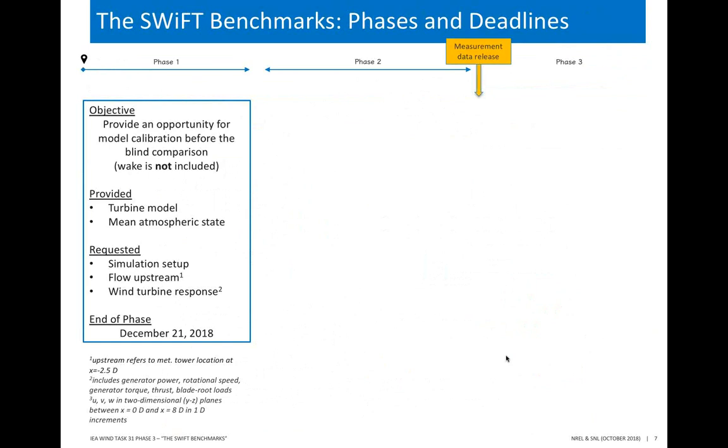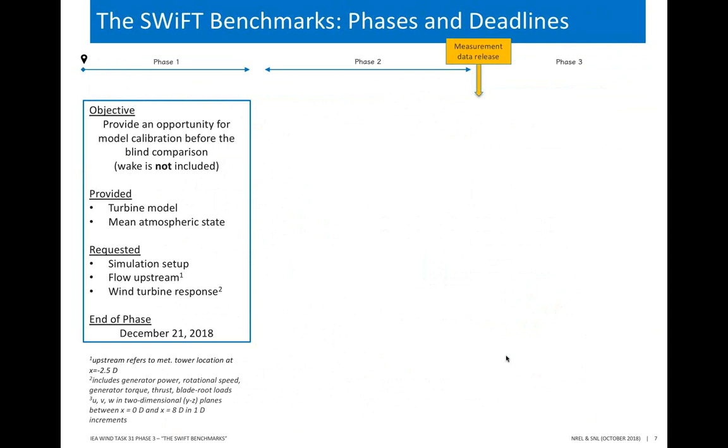We are starting phase 1 right now. Phase 1 is where you have an opportunity to calibrate your models before we start doing the blind comparison. Here we're not looking at the wake simulation at all, only at the atmospheric inflow and how the turbine responds to it.